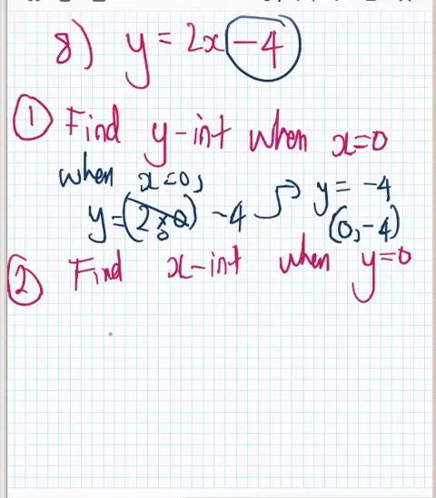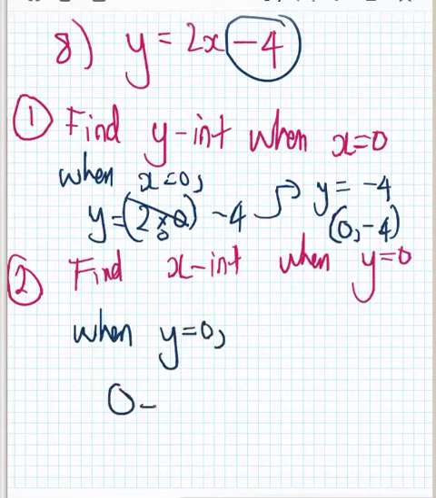And the second step is find the x-intercept when y is 0. So there's y in the equation. So we should say when y is 0, it's important to explain to the person or your teacher what you're doing. So when y is 0, we've got 0 equals 2x minus 4. You can rewrite the equation if you want to.